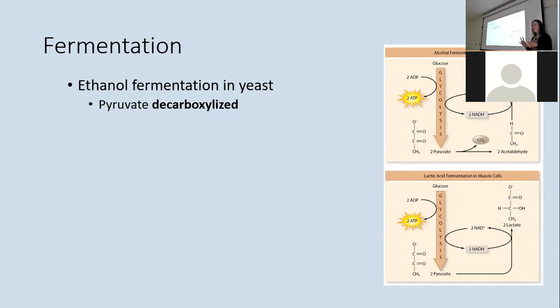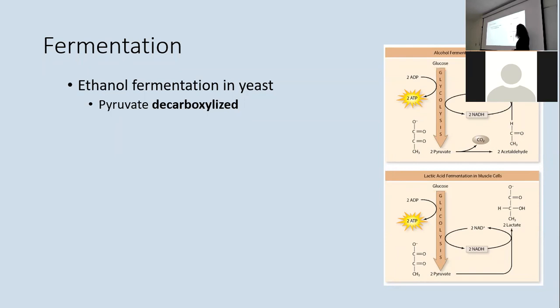So yeast do what's called ethanol fermentation. Glycolysis happens, makes pyruvate. They go ahead and decarboxylate pyruvate, right? So pyruvate's a 3-carbon molecule. They go ahead and crack off one carbon. They've got this little 2-carbon molecule, and they use this 2-carbon molecule to oxidize NADH, right?